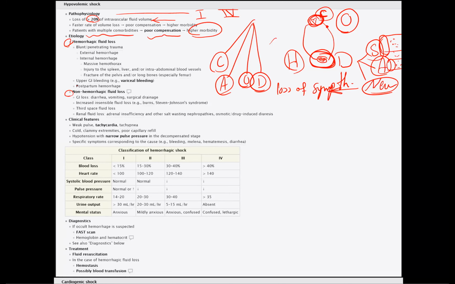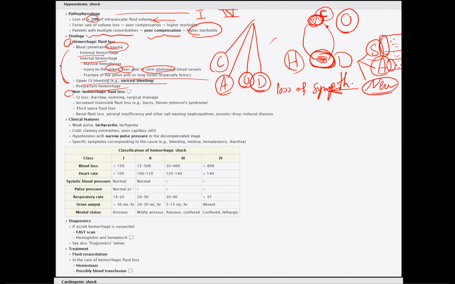Hemorrhagic shock is trauma, bleeding leading to internal or external bleeding, and also some injury to the internal organs and fractures of the pelvis and long bones. So we have also upper GI bleeding and postpartum hemorrhage. Postpartum hemorrhage, all of that are hemorrhagic fluid loss.